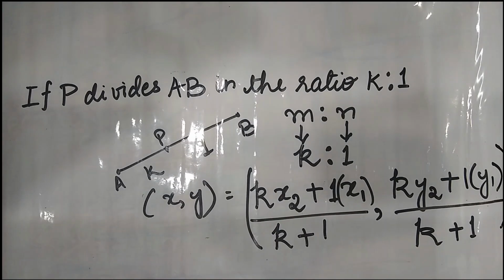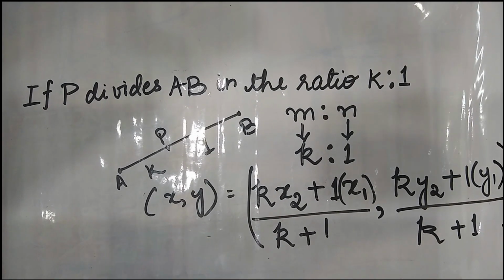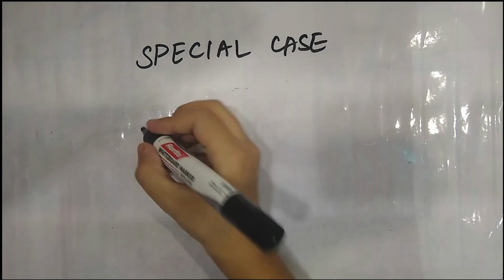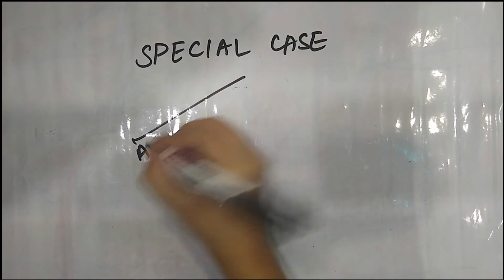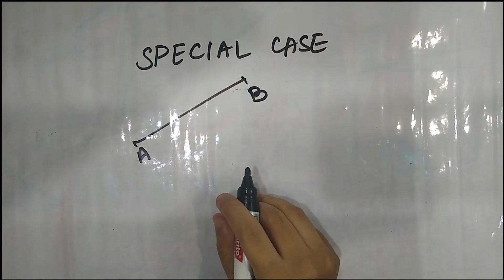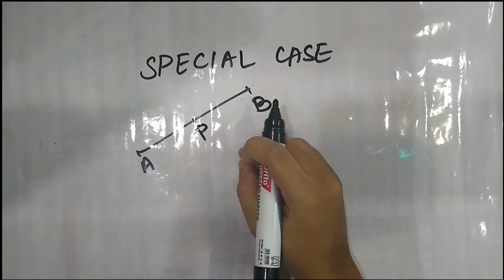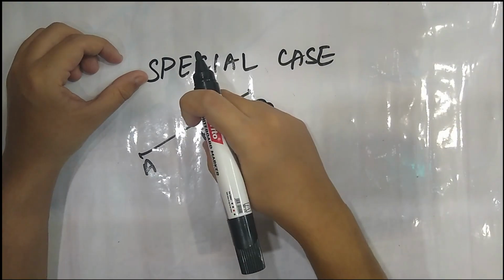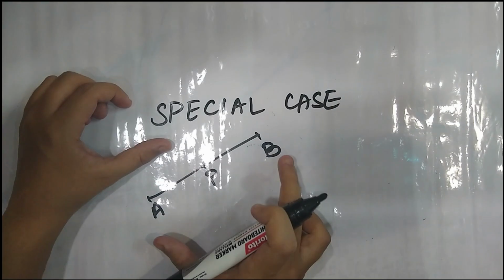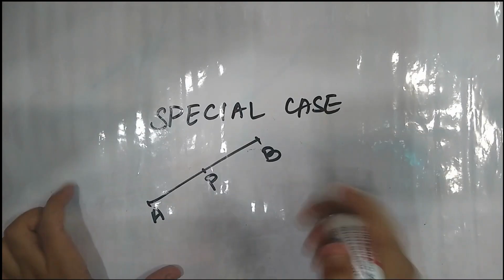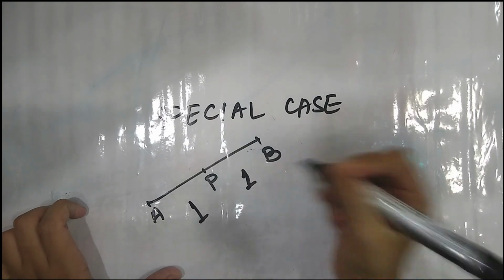Now let us take another special case into consideration. In this special case, what we talk about is the midpoint. Now what do you mean by a midpoint? If this line AB has a midpoint P, midpoint means that this point divides the line equally, which means its ratio will be 1 is to 1.